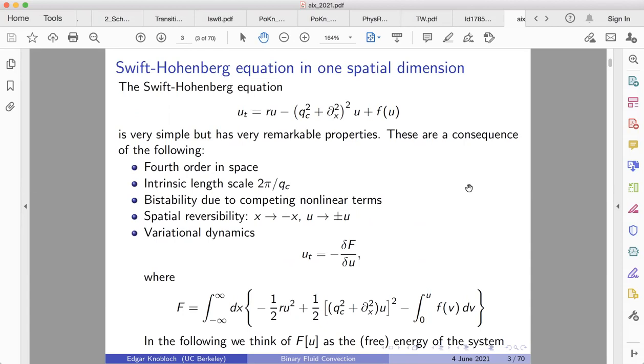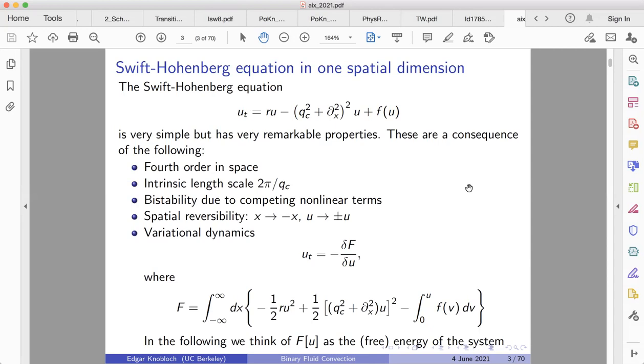So by bistable, I mean that there is a destabilizing contribution, something like u squared, for example, and then there is a stabilizing contribution like minus u cubed. So that equation with the quadratic cubic terms, I'm going to call SH23, and we will meet a similar equation, SH35, later in the talk.